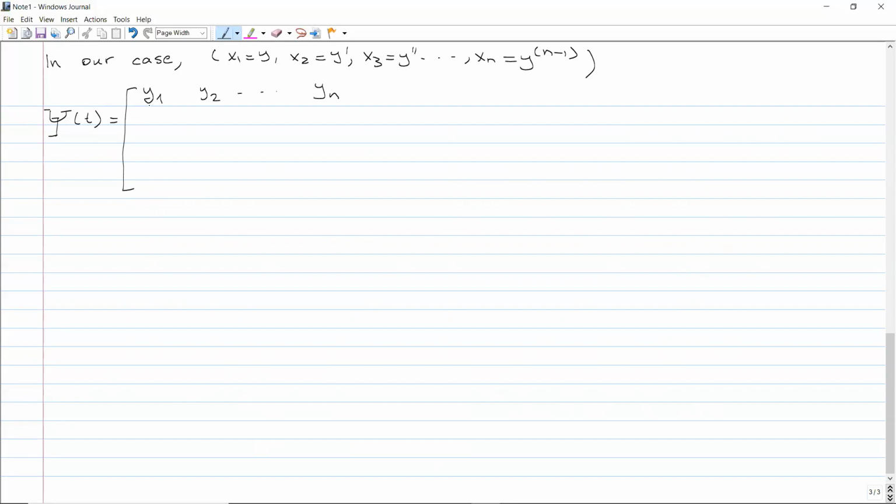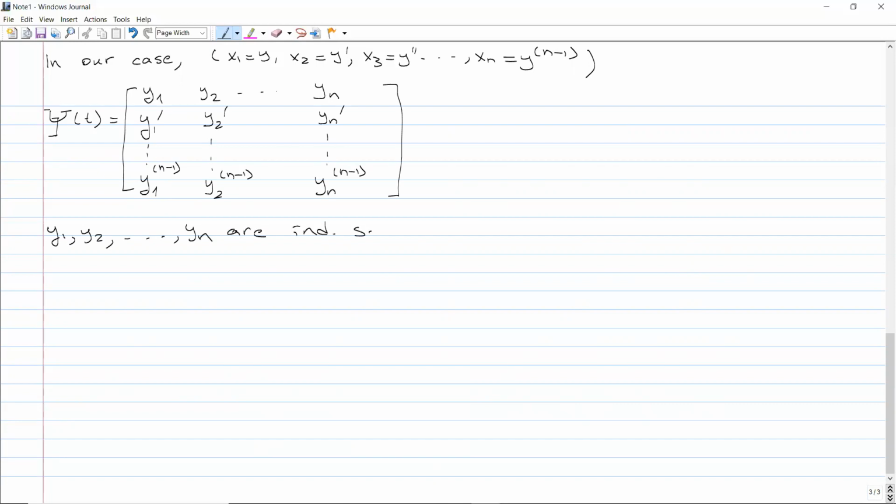So if the first entry of the column is y1, then the other entries are the derivatives up to the (n minus 1)th derivative. Here y1, y2, ..., yn are independent solutions of the corresponding homogeneous equation equal to 0. So this is our fundamental matrix.